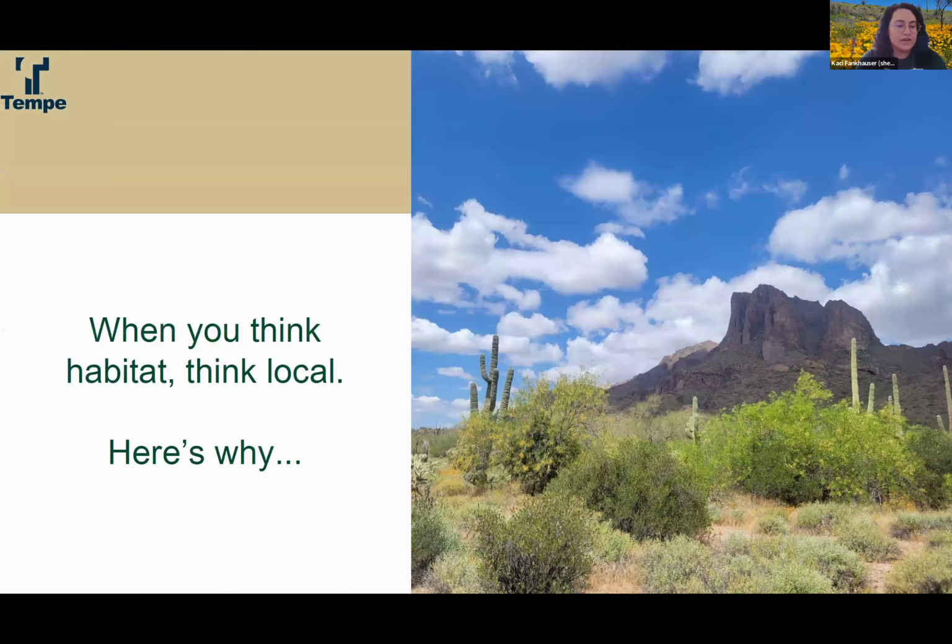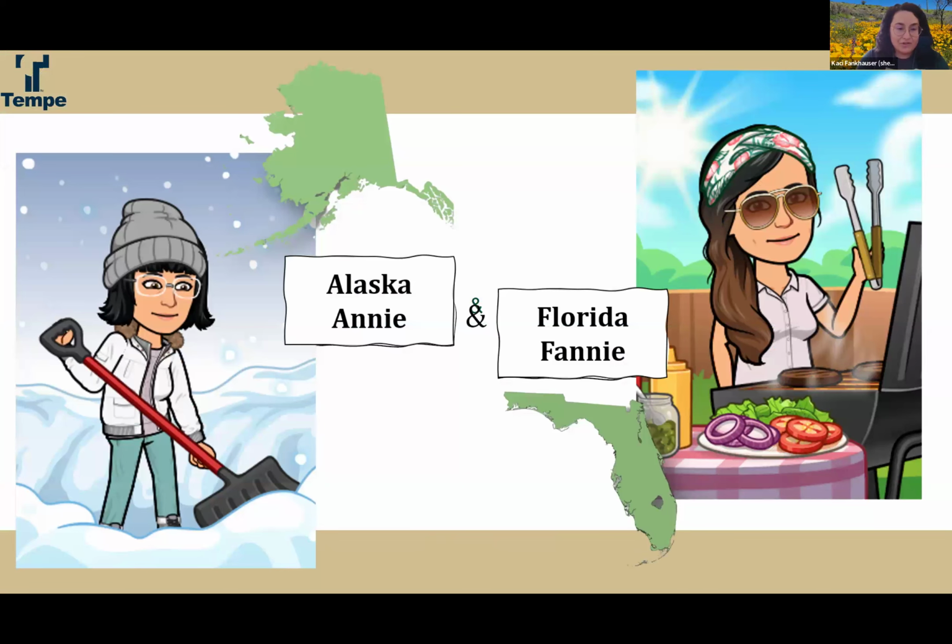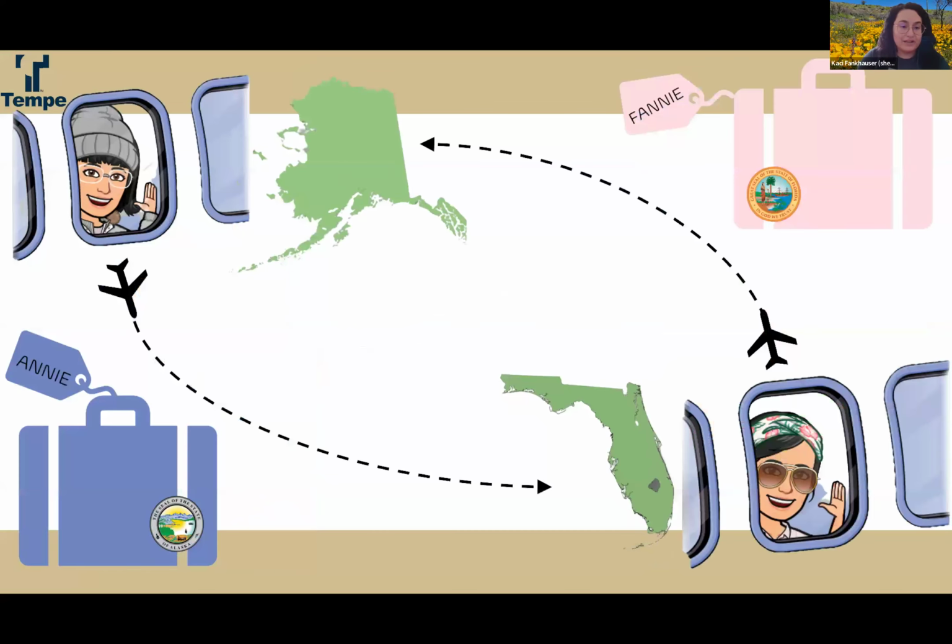When you think about creating your habitat, you have to think really local. This is Alaska Annie and Florida Fanny, and they're going to demonstrate why thinking local is really important for our habitats. Alaska Annie and Florida Fanny are going to visit each other. They have each grown up in their respective states and have come up with their own adaptations to live there.